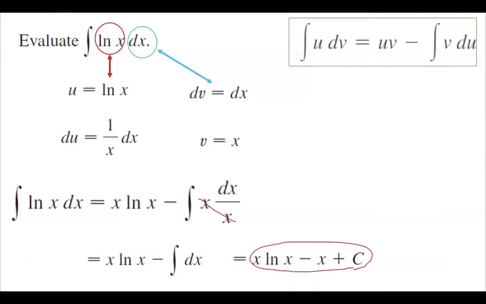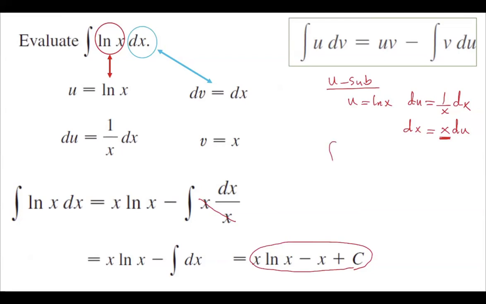Some students make this mistake. They say, hey, we can use u sub here. If you try to use u sub and take u to be ln of x, then du becomes 1 over x dx, and then they say, hey, dx is equal to x du. This is one of the warnings that I told you: when you're using u sub, you need to make sure that x is actually there.